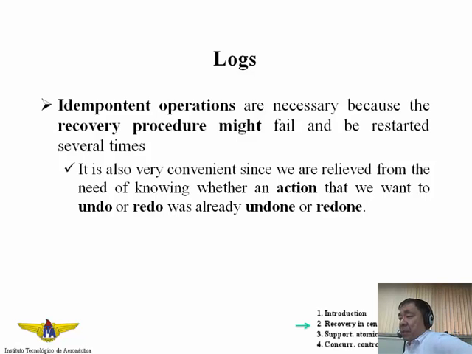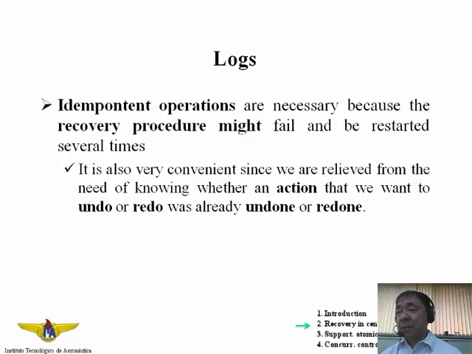Why do you need idempotency? Because the recovery procedure itself can fail. So it can be restarted several times. So if you have this property, you don't have to worry how many times you have done this redo or undo operation.